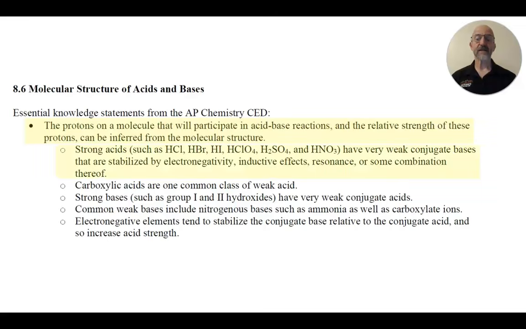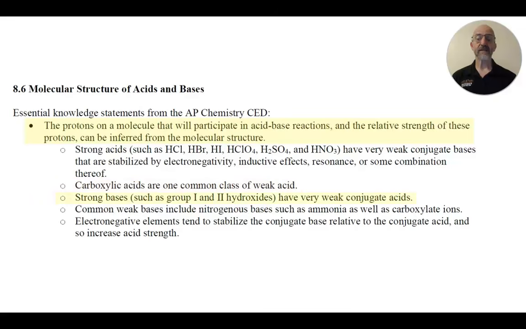Strong acids, such as HCl, HBr, HI, HClO4, H2SO4, and HNO3, have very weak conjugate bases that are stabilized by electronegativity, inductive effects, resonance, or some combination thereof. Carboxylic acids are one common class of weak acid.